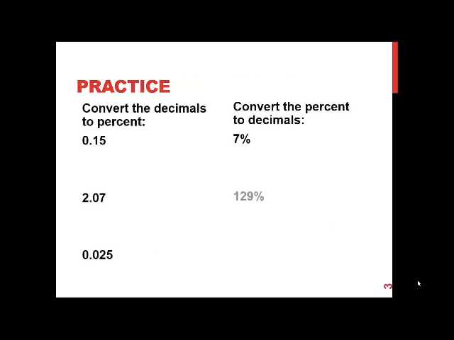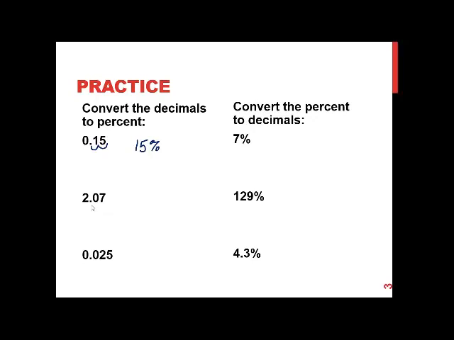Convert the following decimals to percent. Well, I have 0.15, and so to convert that to a percent, I'm going to move the decimal place 2 units to the right, and I get that 0.15 is the same as 15%. 2.07.